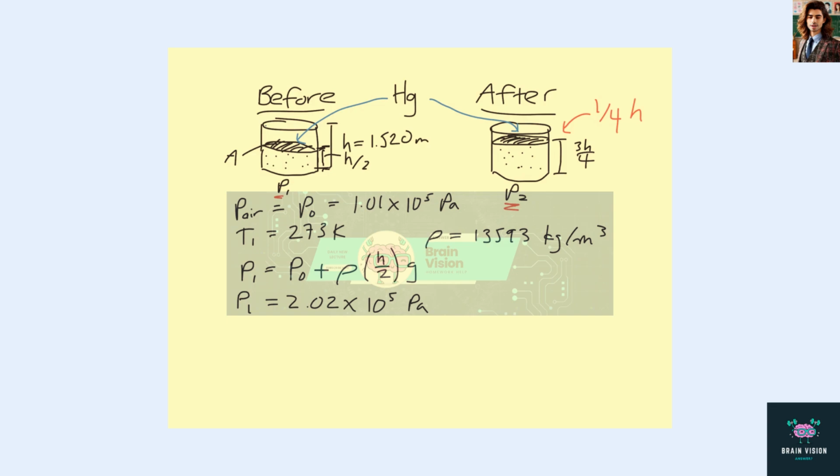So we can use the same equation. P2 is equal to P naught plus density of mercury times H over 4 times g, and you find that P2 is equal to 1.52 times 10 to the 5 pascals.